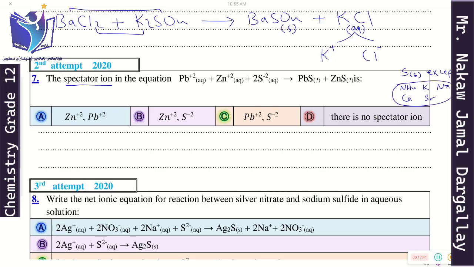So PbS is insoluble in water, and ZnS is also insoluble in water. If you do not have an aqueous product, you do not have spectator ions. So there are no spectator ions.